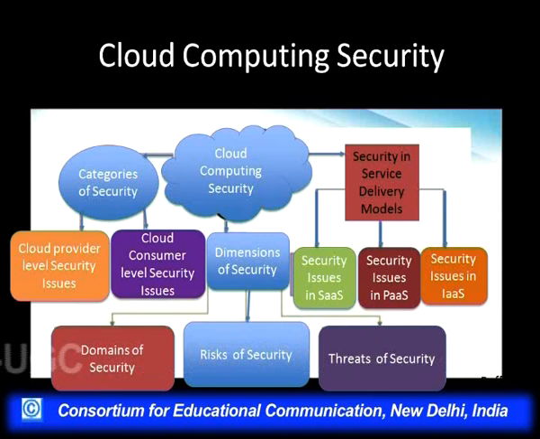Security should be adopted by both entities, so that we have a collaborative, sustainable ecosystem which is secure. Certain policies need to be adopted at the service provider level to ensure that the data is not misused, and certain policies also need to be adopted at the client level.